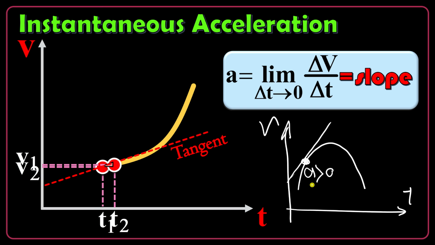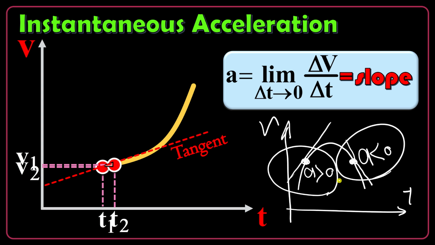And at this point, the acceleration is negative. Why? Because the slope is negative. So when you draw the tangent line, if the graph is ascending like that, the acceleration is positive. When the graph is descending like that in a VT graph, the acceleration is negative.